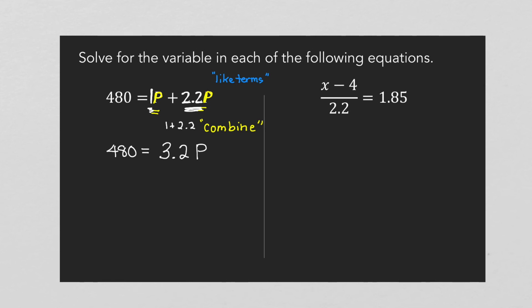But in any case, we've got 480 equals 3.2 times p. We don't have any addition or subtraction. The only thing we have to undo is the multiplication, and we're going to undo that by dividing. So I have 3.2 times p. In order to isolate the p, I'm going to divide by 3.2. And if I do that on the right side, I also have to do that on the left side.